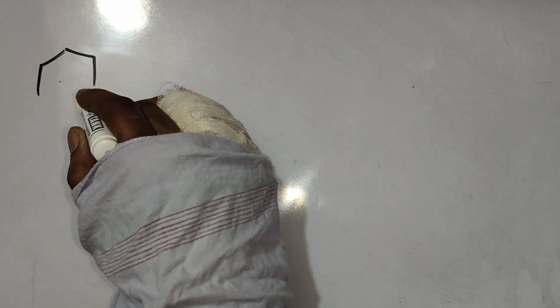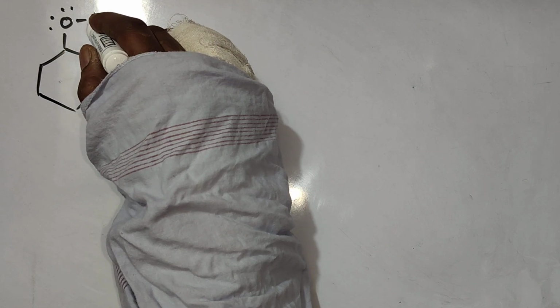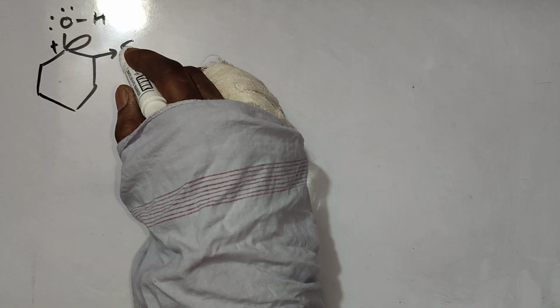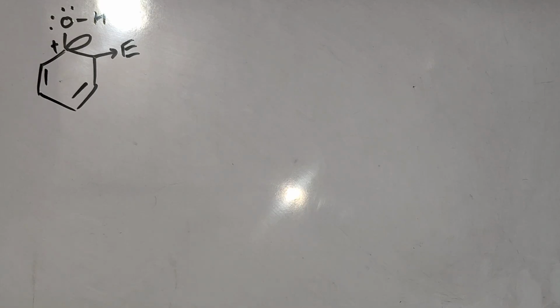Here I am going to draw the carbocation which is generated after ortho attack. After ortho attack, the carbocation generated was this. E has joined here, the incoming electrophile. This one. This was the carbocation.